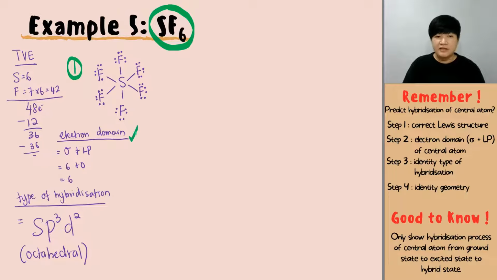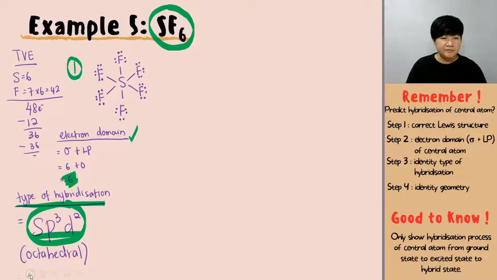We can identify the electron domain, and the electron domain is 6. And from that, we can identify the type of hybridization, and the hybridization that we have right now is sp3d2. Okay, so your sp3d2, obviously 1 from the S, 3 from the P, and 2 from the D.